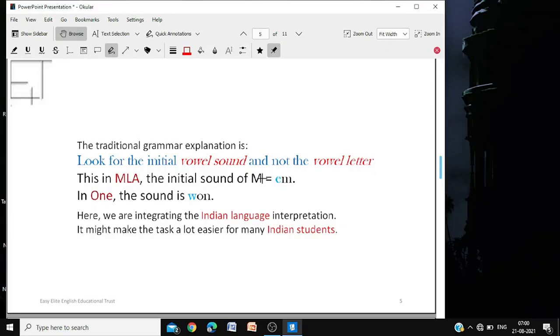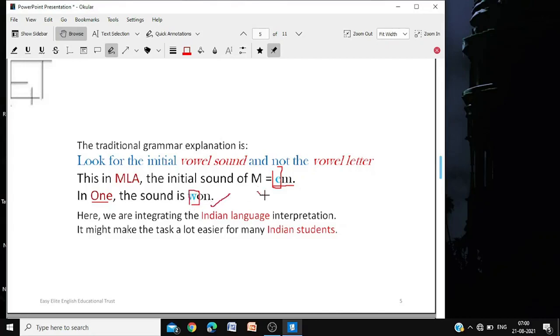The initial sound of M is "em", and e being a vowel sound, we use an MA. In one, the sound is "won", a consonant, and we use a 1 rupee note.